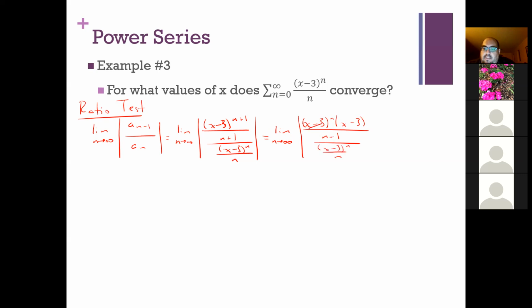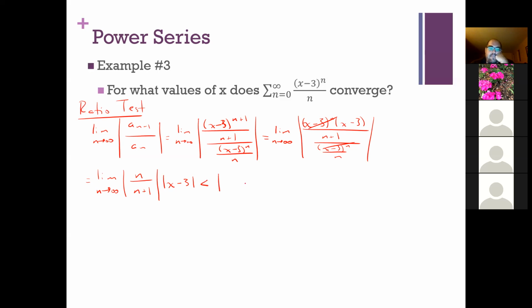So that allows this to happen. And I'm going to go ahead and start splitting things up because I know that really the x minus 3 doesn't have anything to do with the limit. All that matters for that limit is what happens with n.